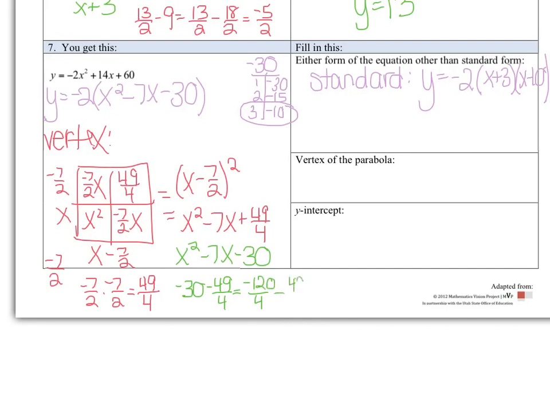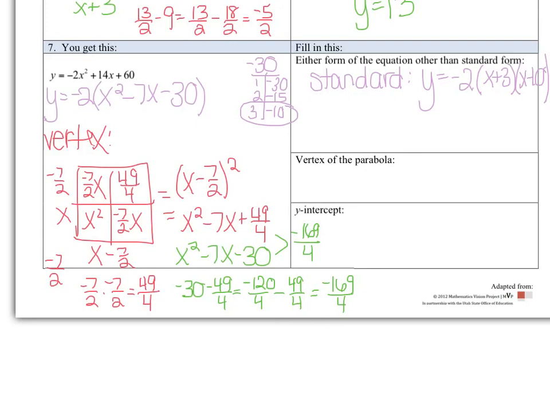Then this is minus 49 fourths. Subtract the 2, we have negative 169 fourths. So to go from what we have, which is the perfect square, to what we need, which is the negative 30, we have to subtract 169 fourths.